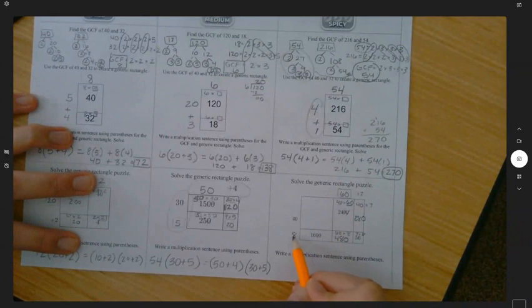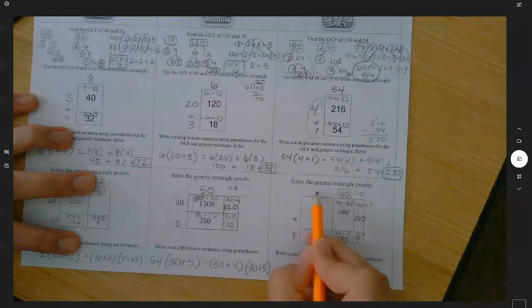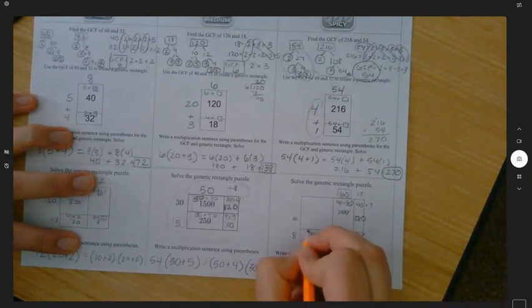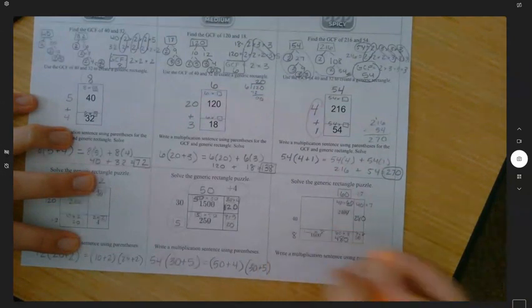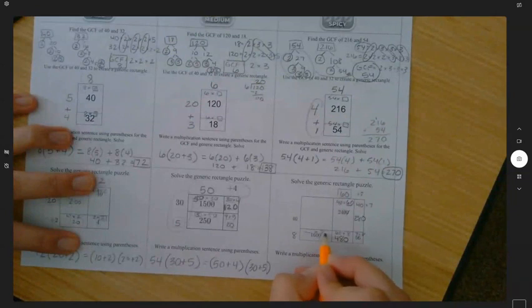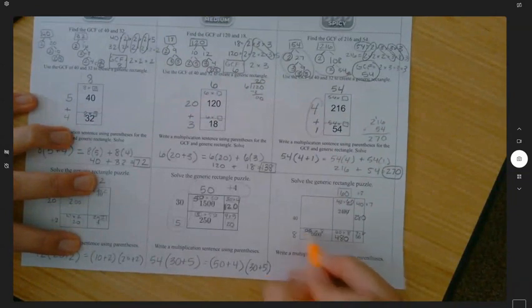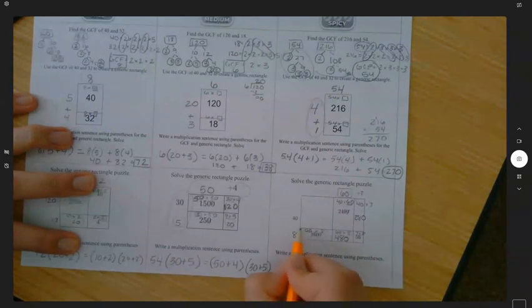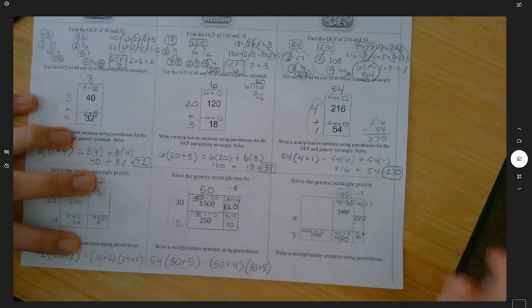And then we can use these numbers to find that missing number. So we say what times 8 would equal 1600. I have 2 zeros, no zeros here, so I know that we're going to have 2 zeros in that number. And then I ask myself what times 8 equals 16, and that is 2.